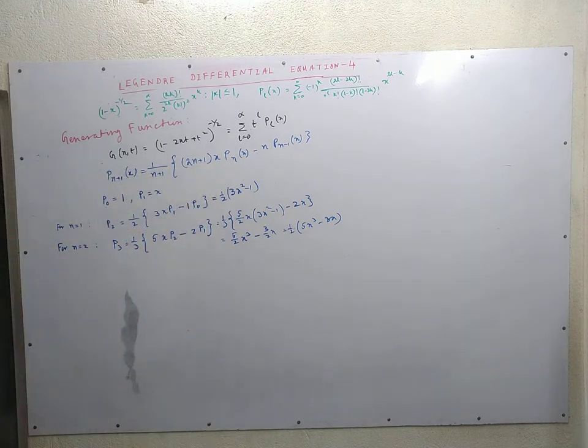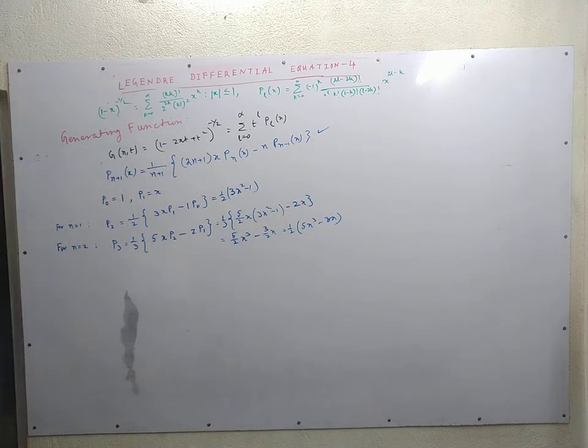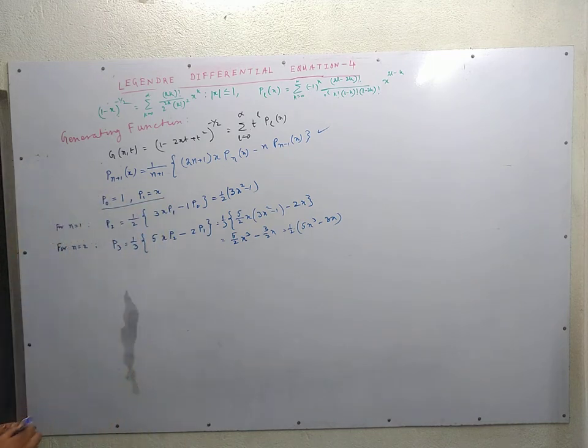So there is another way of getting this recurrence relation. Higher order Legendre polynomials can be generated starting from the knowledge of P0 and P1. There is another generating function.